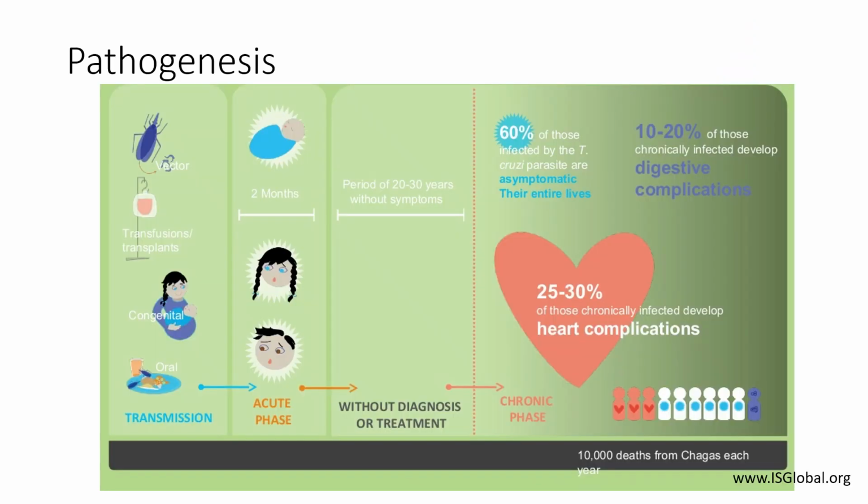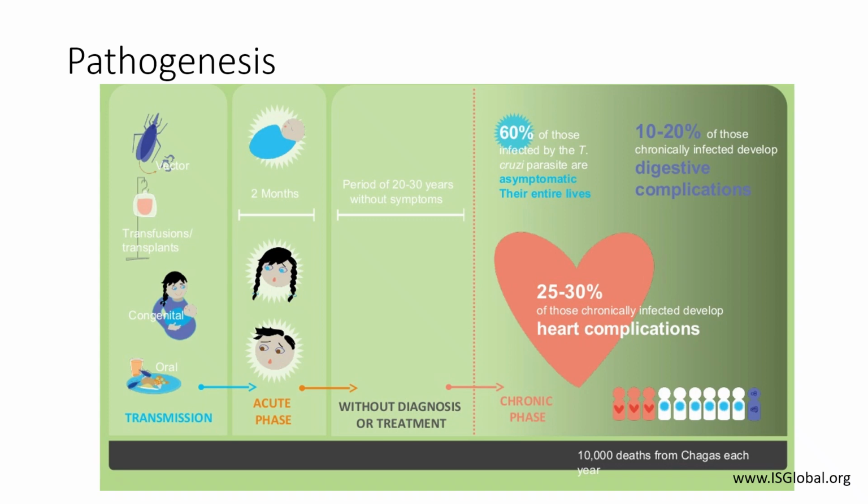All right. Infection with Trypanosoma cruzi progresses in 3 consecutive phases. An acute phase, characterized by intense parasitism and blood parasitemia, occurs after parasite transmission. This is then followed by an asymptomatic or intermediate phase in which no clinical symptoms are observed.